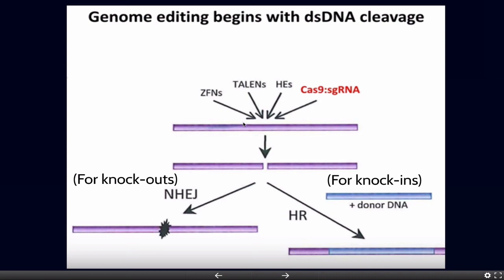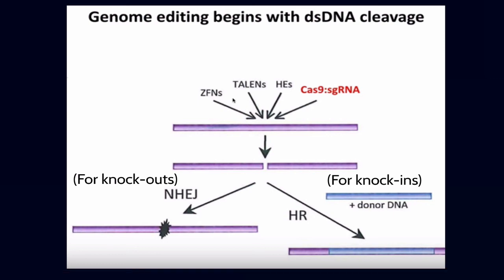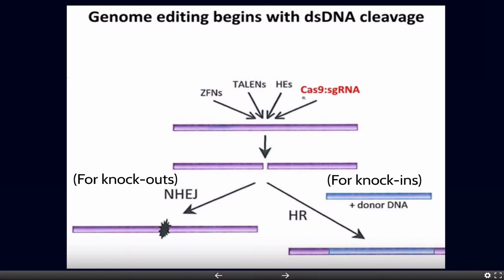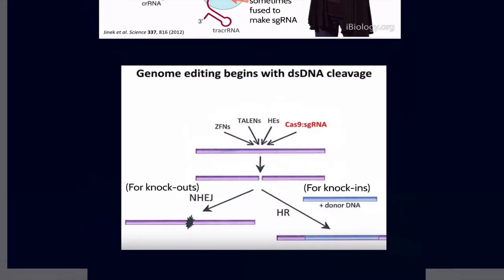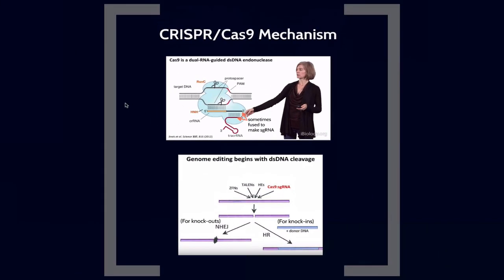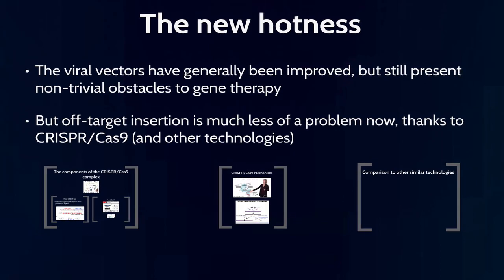Generating certain proteins that bind to DNA in a certain way is a much tougher engineering feat than generating an RNA with complementarity to your target sequence. Okay? So zinc finger nucleases and TALENs are a lot tougher to design than CRISPR-Cas9. Okay, so that's disadvantage 1 to zinc finger nucleases and TALENs compared to CRISPR-Cas9.